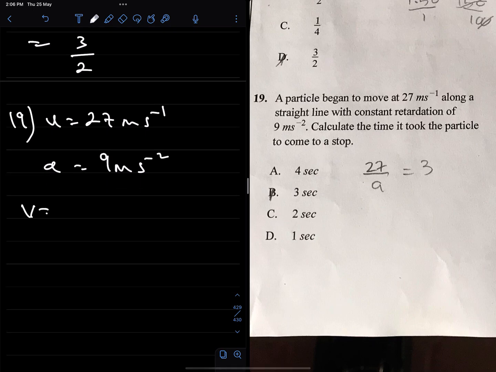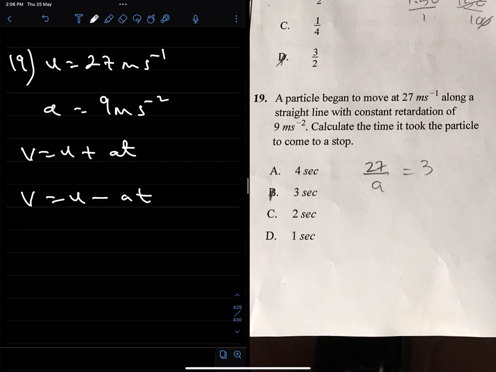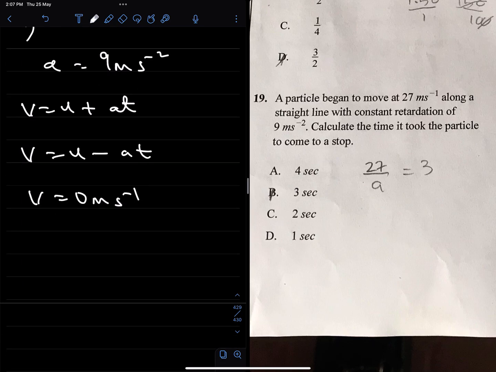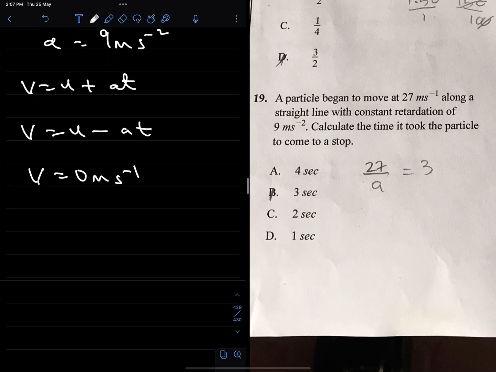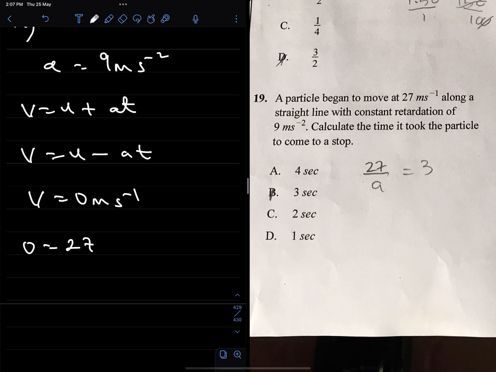We know that v equals u plus at. But if the particle is retarding, then v is supposed to be u minus at, and v here is 0. That's the final velocity when it comes to a stop. Velocity when it stops is 0, so that simply means 0 equals u, which is 27, minus a, which is 9, times t.